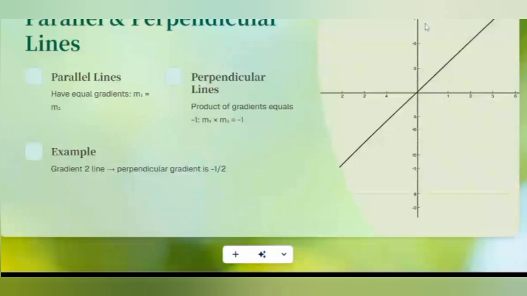But the property that connects all parallel straight lines is that their slopes are always the same. So m1 is equal to m2.